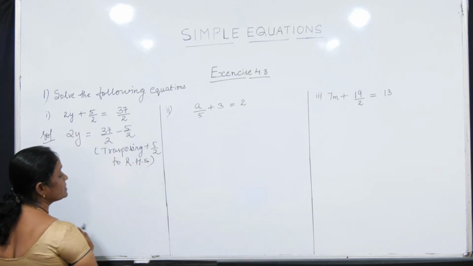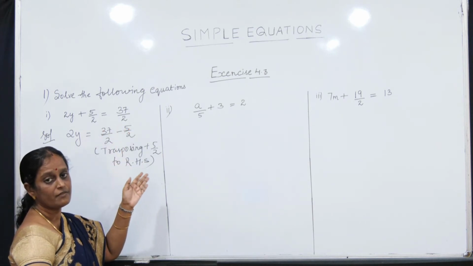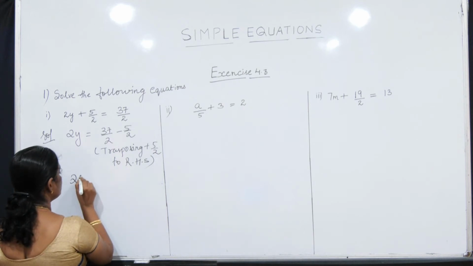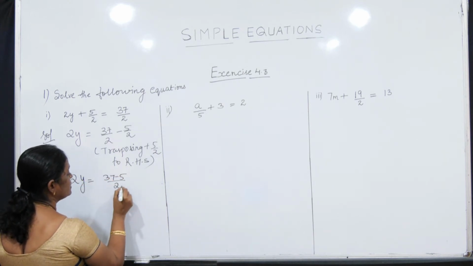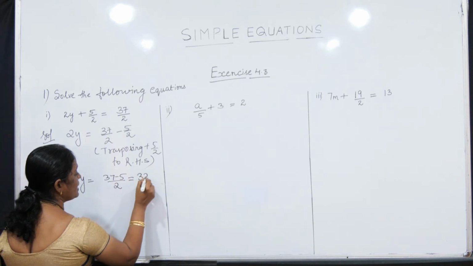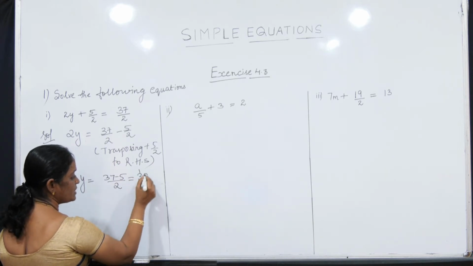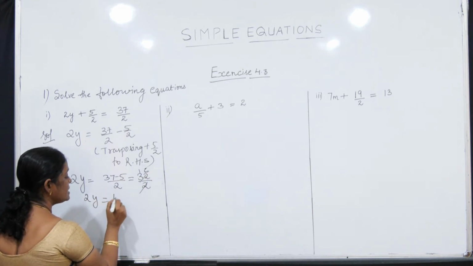When we take plus 5 by 2 to the RHS, it becomes minus 5 by 2; the sign changes. So here 2y is equal to 32 by 2. 2 1s are 2, 1 remaining 12, 2 6s are 12. So 2y is equal to 16 here.